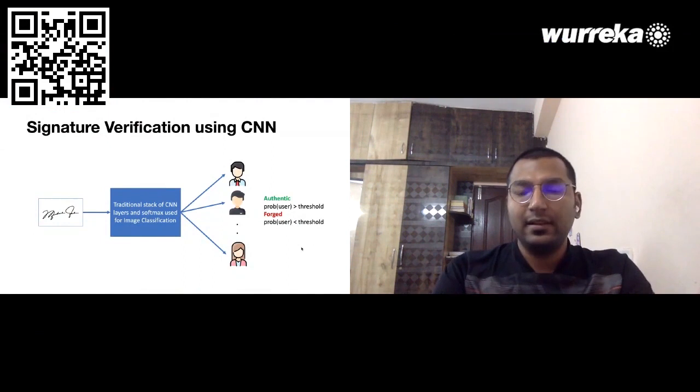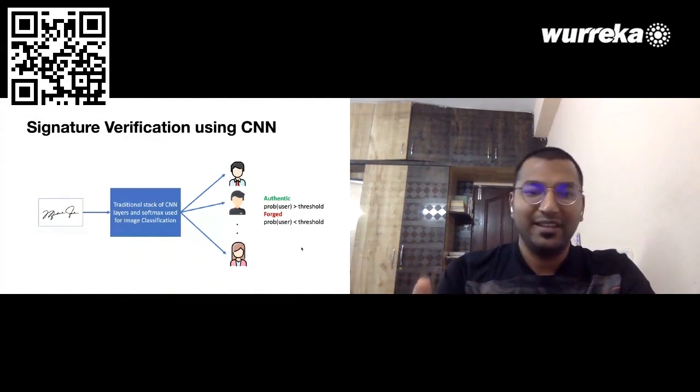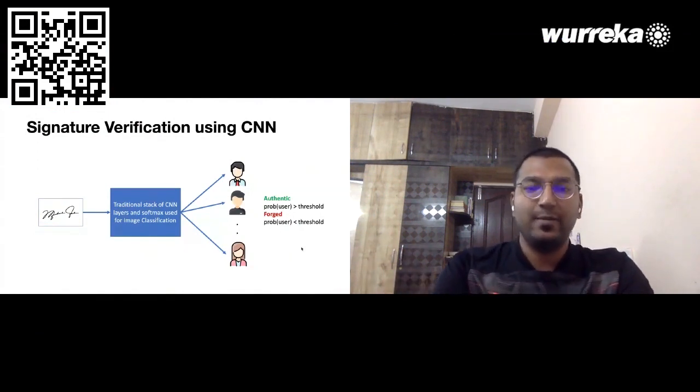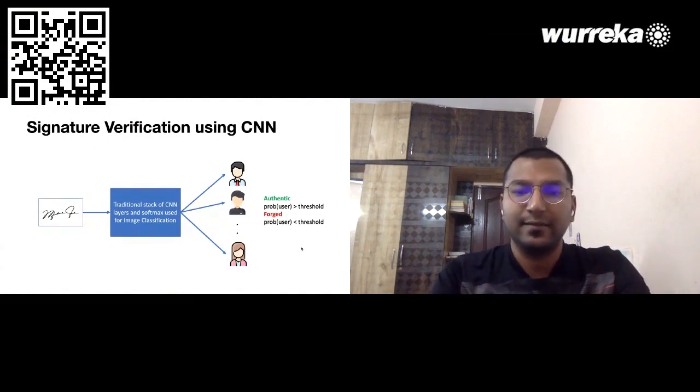For example, let's say we are talking about 10 people. We are trying to classify a signature to detect which person it belongs to, and let's assume there are 10 people in the bank's client base. So for every input signature, we generate 10 probabilities, indicating the probability of the signature belonging to each of those 10 classes.